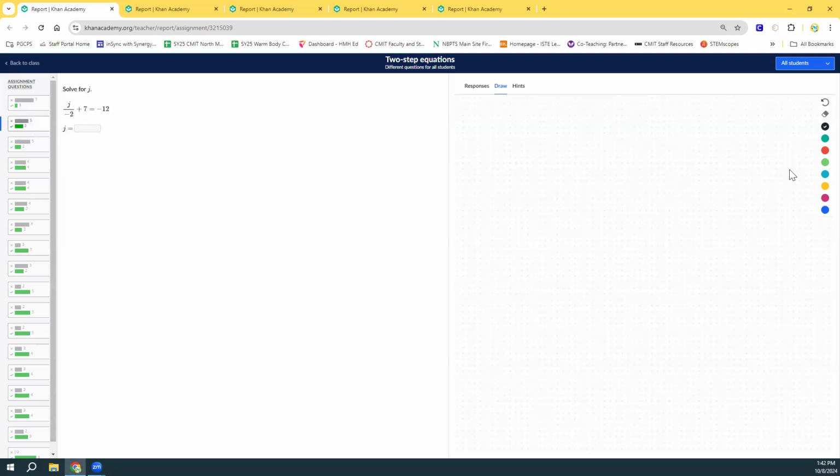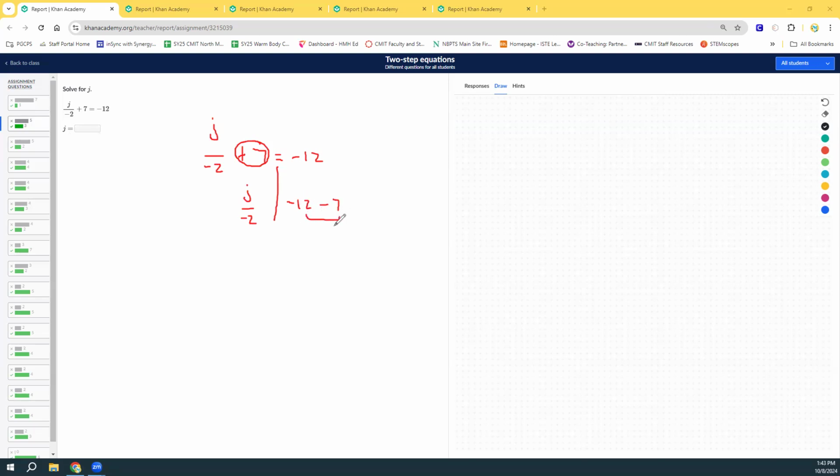So here, okay, no problem. I'm gonna just write it. It's j over negative 2 plus 7 equals negative 12. Draw my line, and I want my variables on this side, which they are. And I want to get this positive 7 over to the other side, so I'm going to write it on the other side. It's going to be a negative 7.